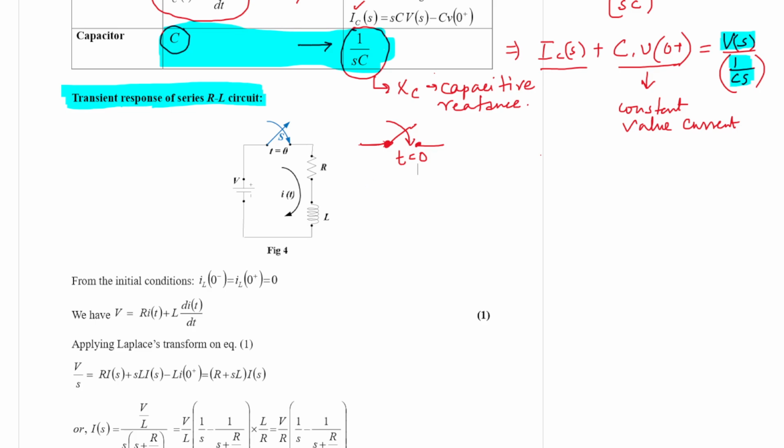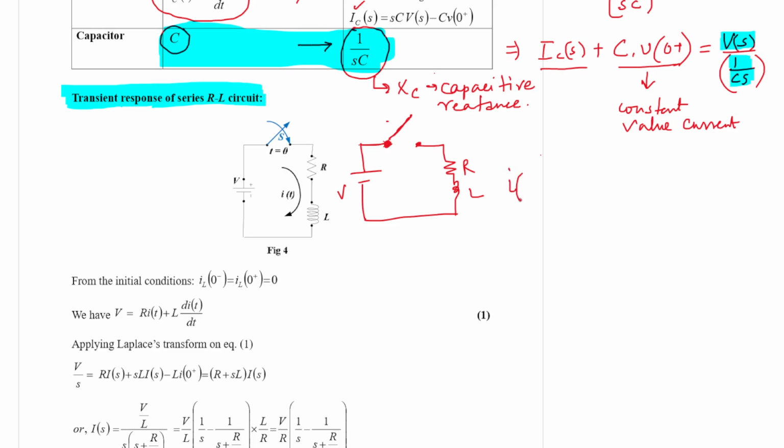So when it was open like this, we have a DC source at the input side V, and RL. Since it is open like this, no current should be flowing.